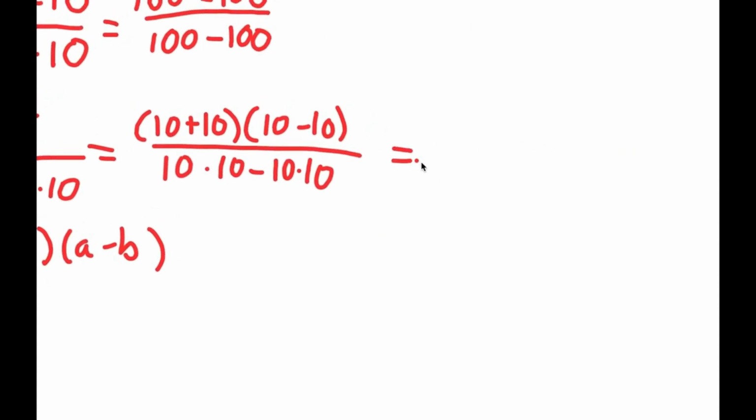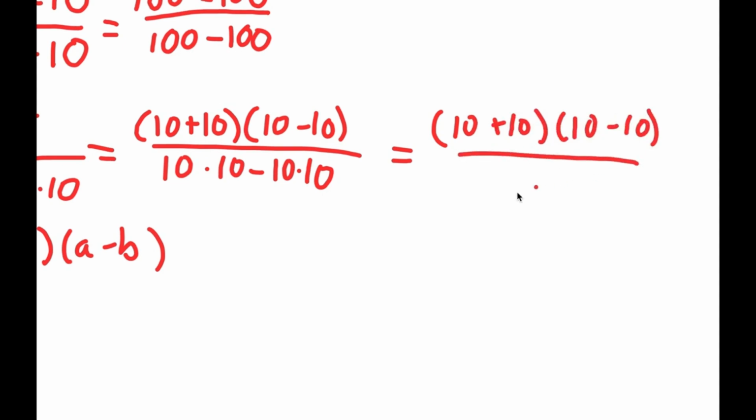And now this is the same thing as 10 plus 10 times 10 minus 10 over, for my denominator, I'm going to factor out 10. So if I factor out 10, I get 10 times, well, 10 times 10 divided by 10 is simply 10. And again, 10 times 10 divided by 10 is 10 again. So I have 10 times 10 minus 10.